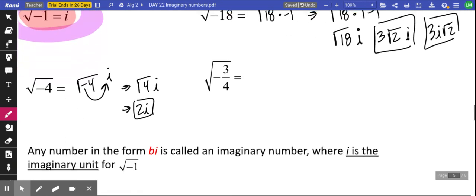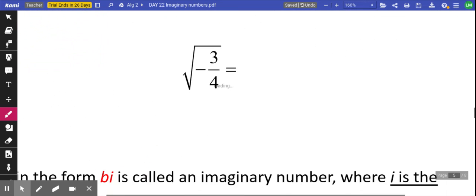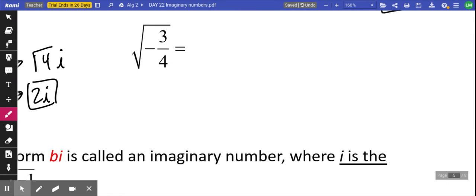Okay. All right, this next one's got a lot going on. This is a mess, right? We got a negative that's going to become an i. We have a fraction inside of a radical. Oh my goodness, where do we start? Well, I'm going to start by breaking this up. I'm going to give the top its own radical and the bottom its own radical. And this negative sign here is going to become an i. Okay, I can write this on the top.